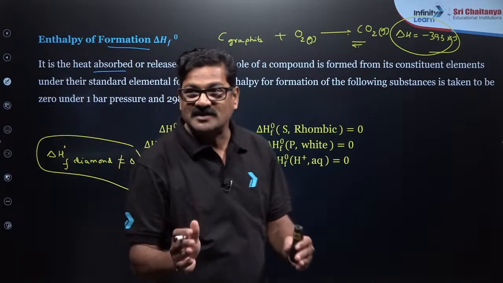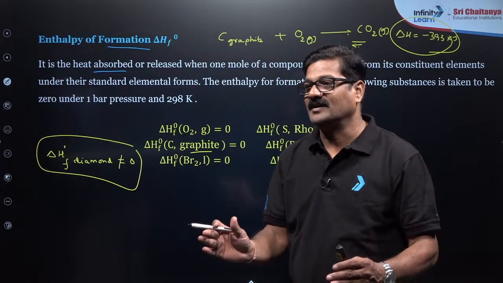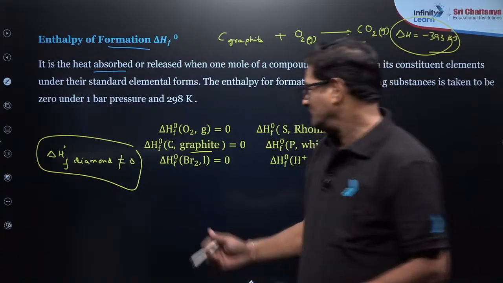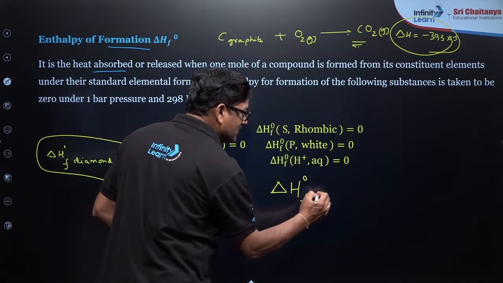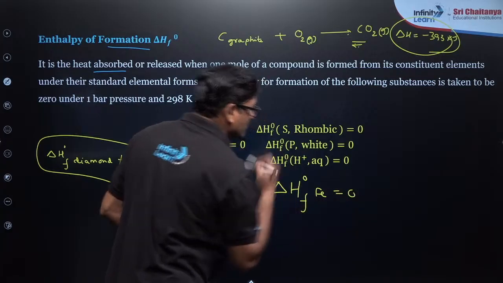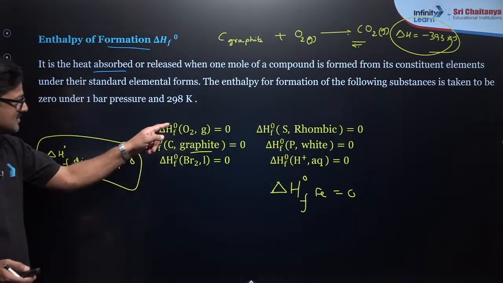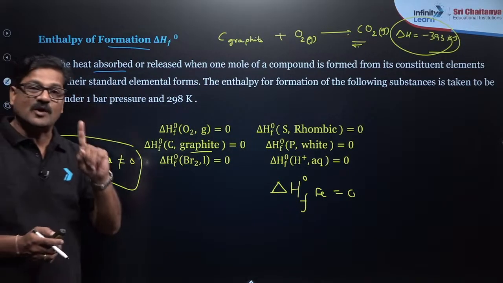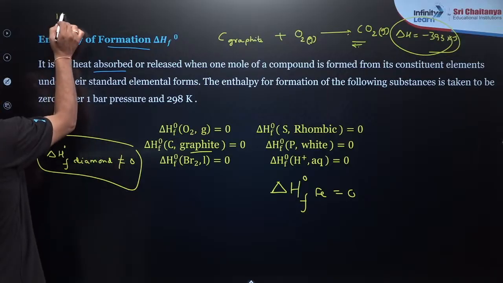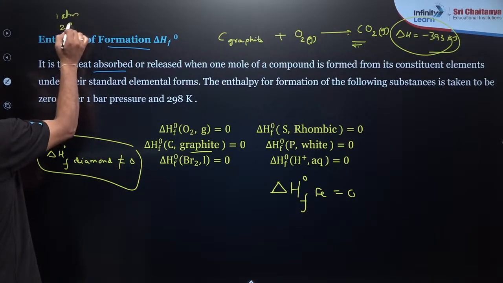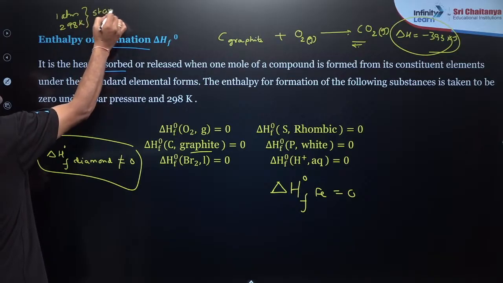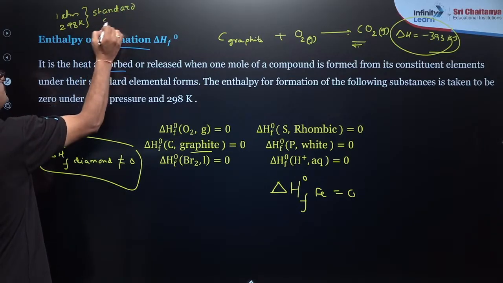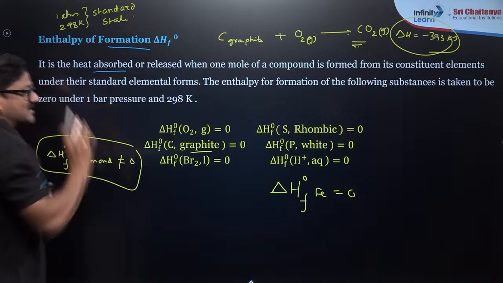Iron also is 0. The standard enthalpy of formation of iron metal is going to be 0. H naught means standard condition. In thermodynamics, 1 atm and 298 Kelvin is said to be the standard state.